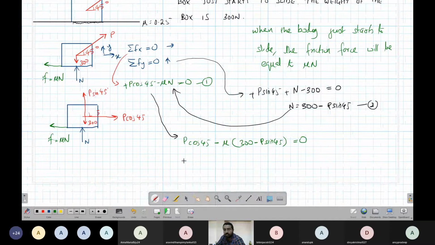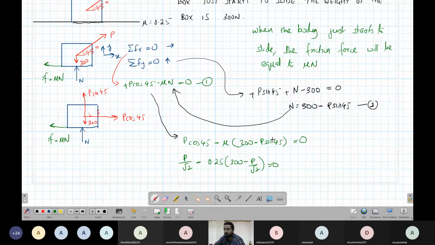Now we substitute the values: P by root 2 minus 0.25 into (300 minus P by root 2) equal to 0. Okay, so now we will solve this.